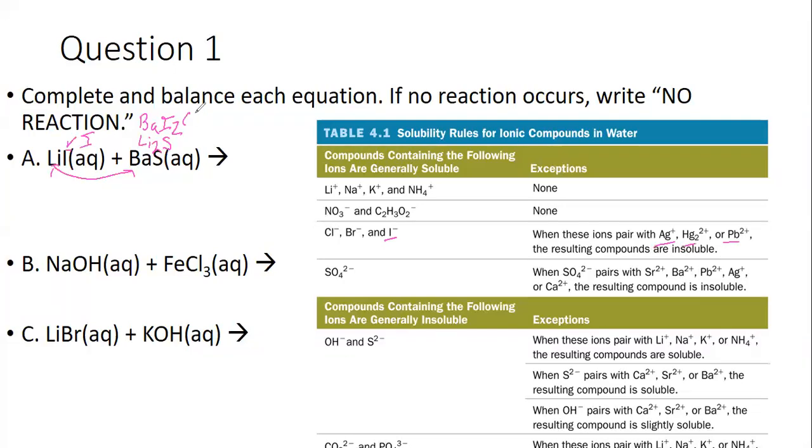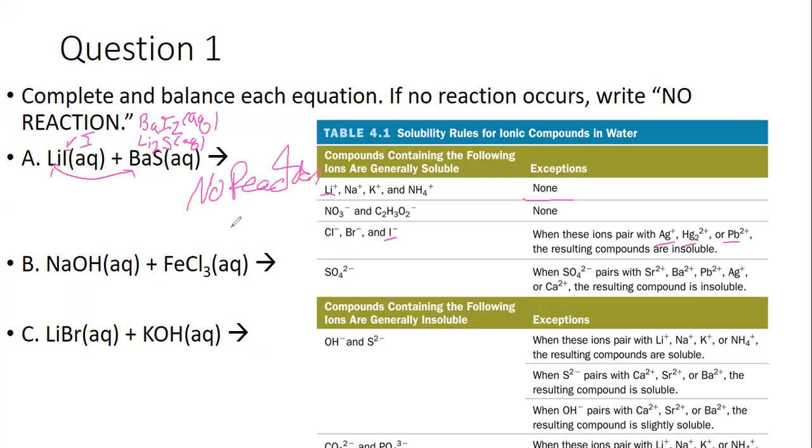So this is a soluble molecule, so that's aqueous. Lithium sulfide. Lithium is soluble with everything. It's impossible for lithium to be paired with something and be insoluble. So lithium sulfide is aqueous. Therefore, we are not making a solid in problem A. So this is no reaction.